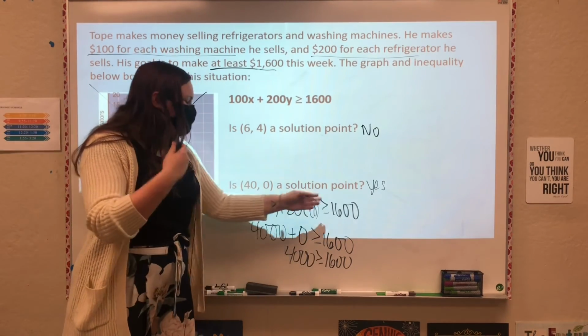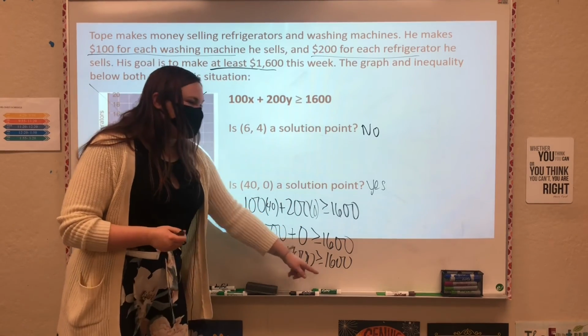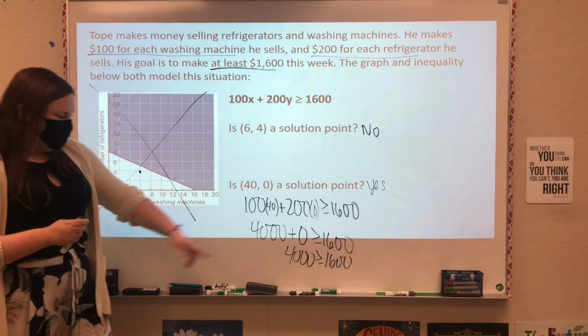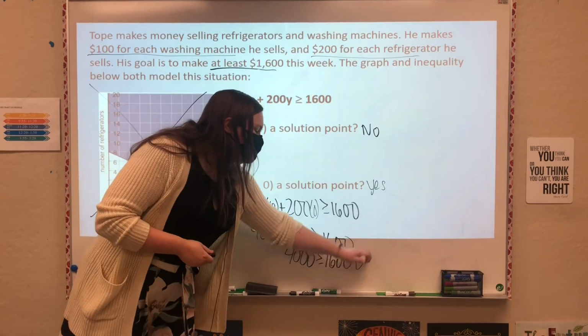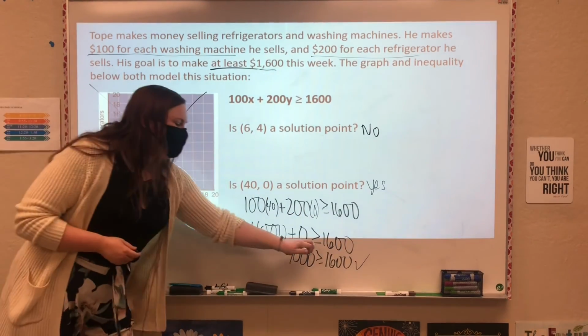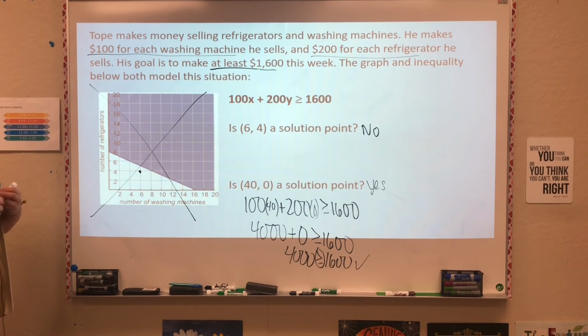It needs to say like 4,000 equals 4,000, 1,600 equals 1,600. But because it's an inequality, we're paying attention to that inequality sign. And you read 4,000 is greater than 1,600. So when you're checking these, if you're using the inequality, make sure you're focusing in on that inequality sign. We're not necessarily looking for them to be the same number.